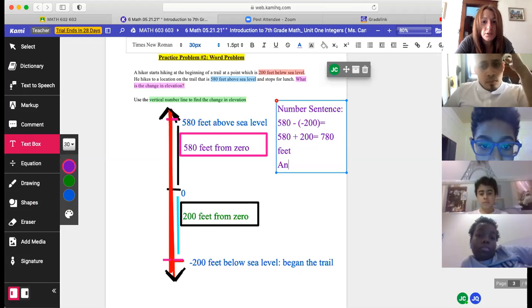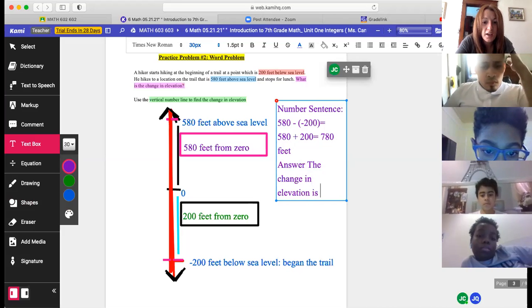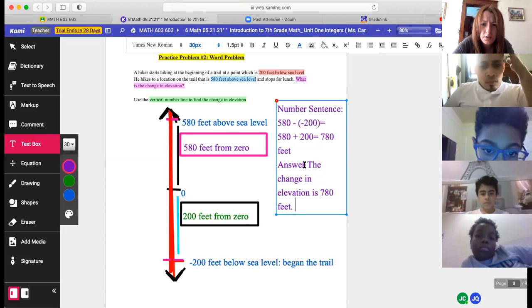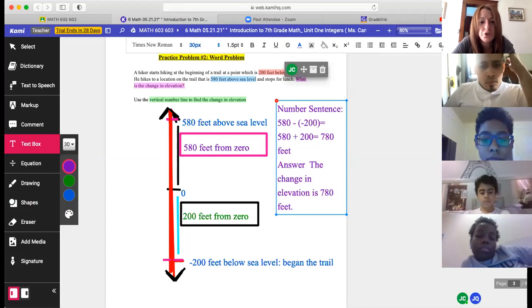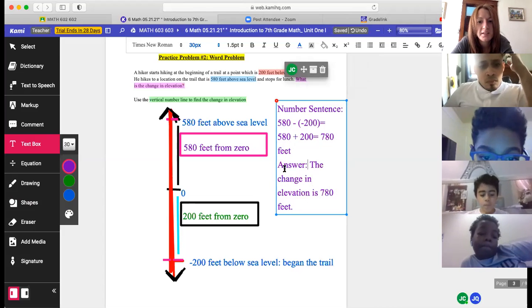So the answer is that the change in elevation is 780 feet. Does that make sense to you all? Which pretty much is 200 plus 580, which is 780. Yes? Make sense?